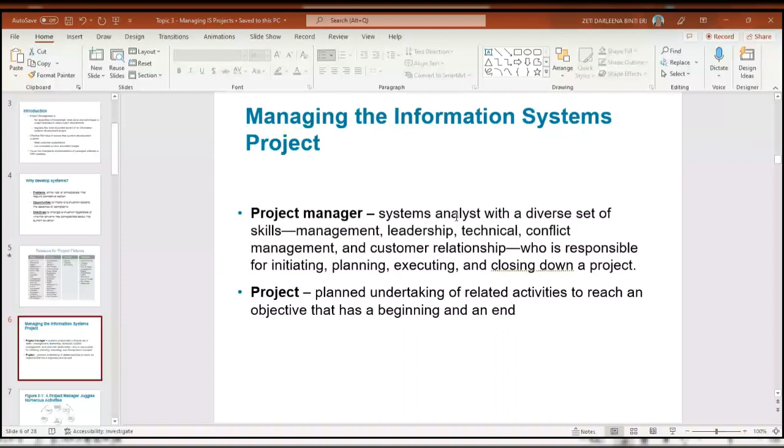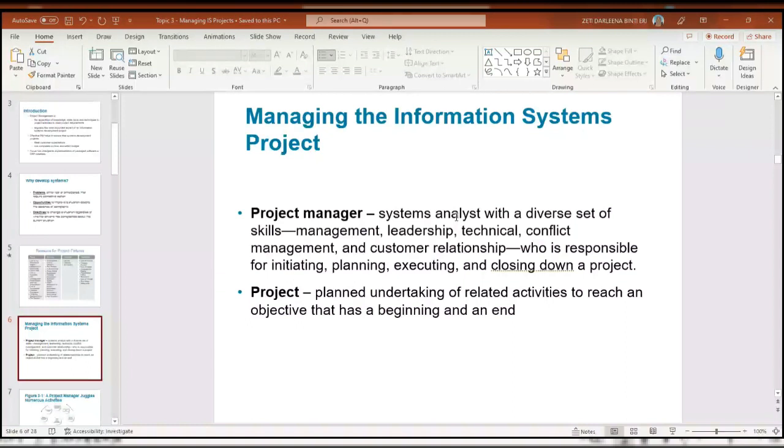In the first 2 or 3 years you cannot jump straight to system analyst. Once you have completed a project, then you are probably promoted to that position, then you can say yourself you're a system analyst.